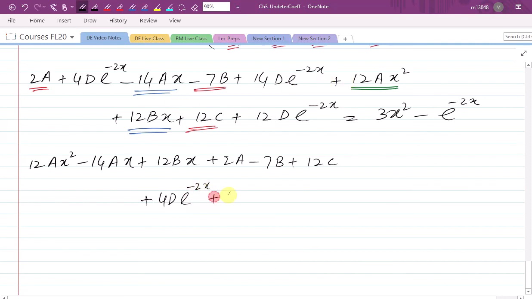Second one is 14d e power minus 2x, and the third one is 12d e power minus 2x.